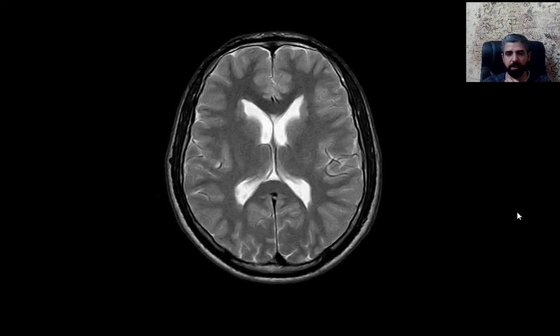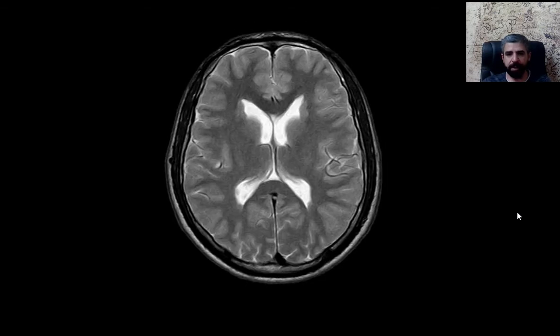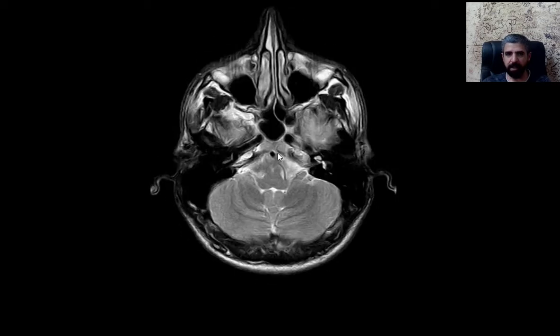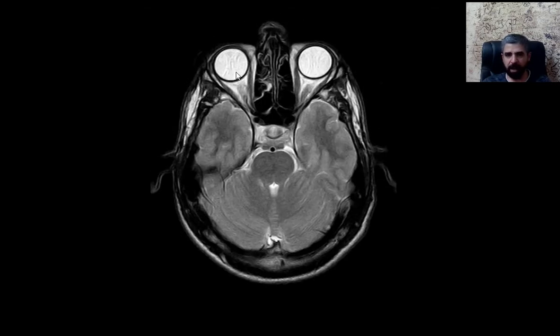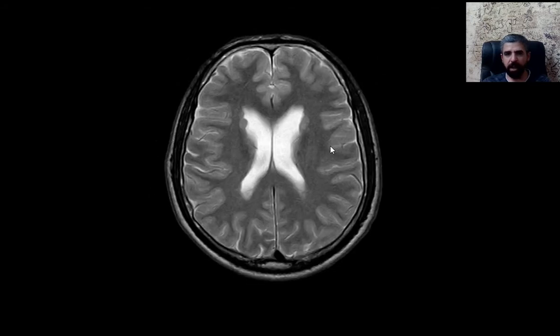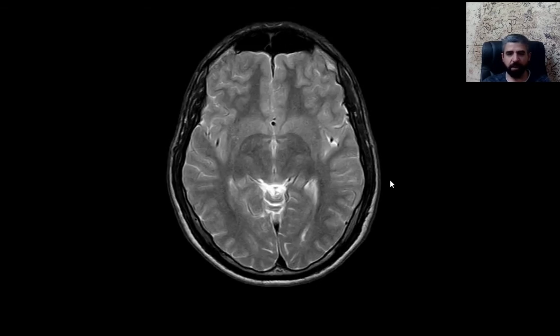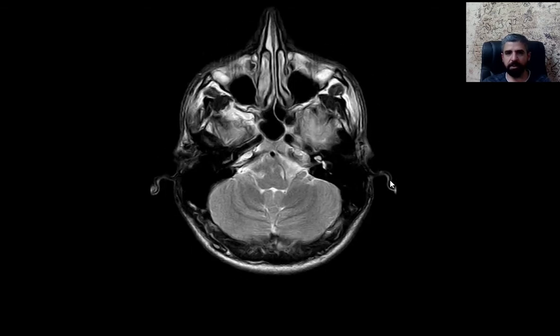First of all, you need to know this is a T2 weighted axial image of the brain, and as we said before, you can know that because the CSF here is bright and the eye globes are bright, so a fluid bright indicates a T2 weighted image. Today I will not give you any answers, just present the findings.